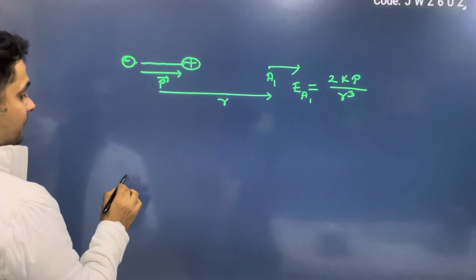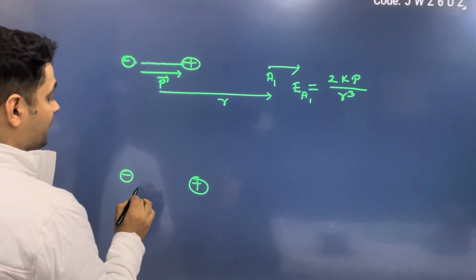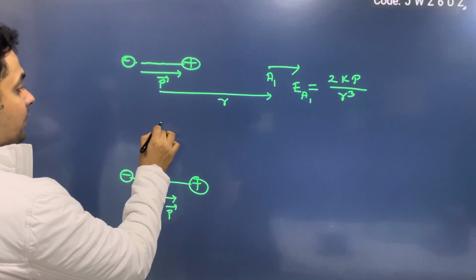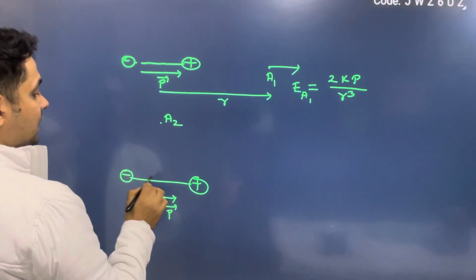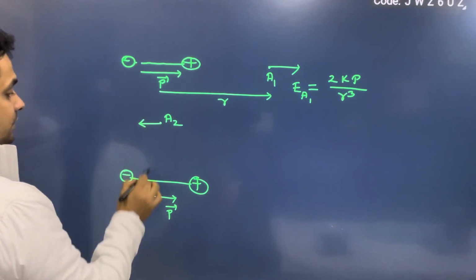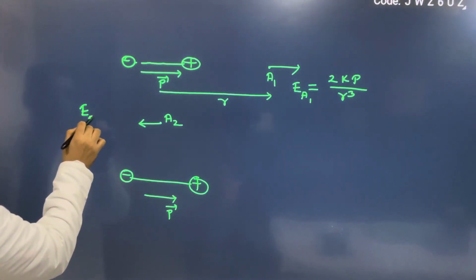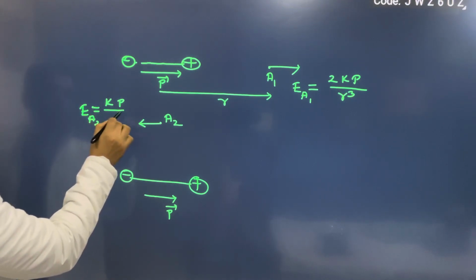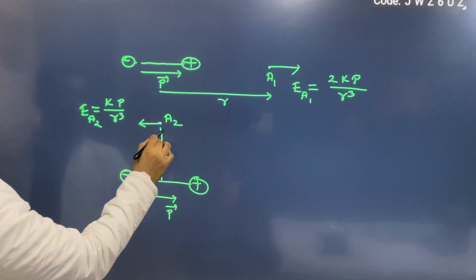Same way, if I take a minus q and plus q electric dipole, the dipole moment direction is from minus to plus, that is the P vector. At any point on the equatorial line, let it be point A2, the electric field due to this dipole will be in the direction opposite to the electric dipole moment, and its magnitude E at point A2 can be written as kp by r cubed, where r is the distance from the center of the electric dipole.